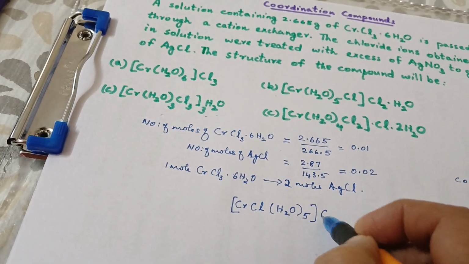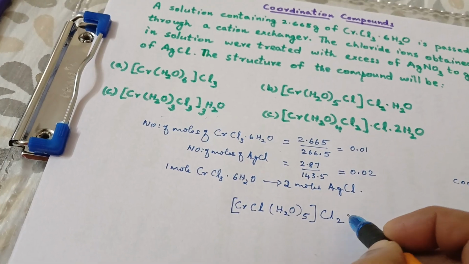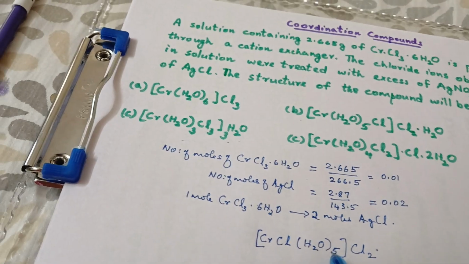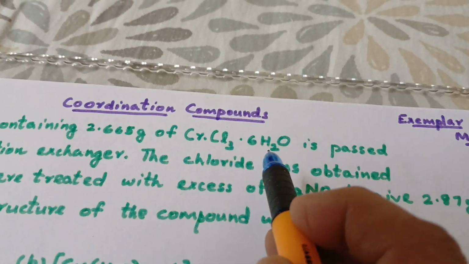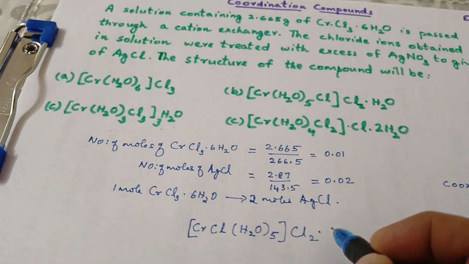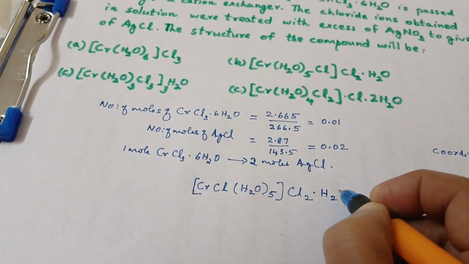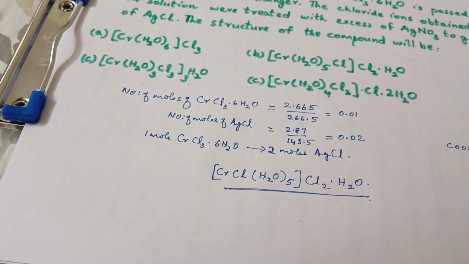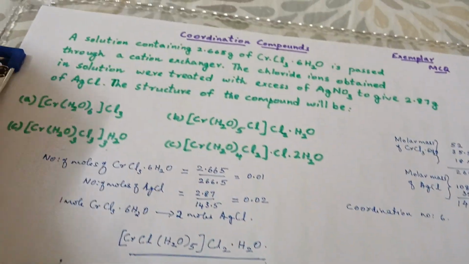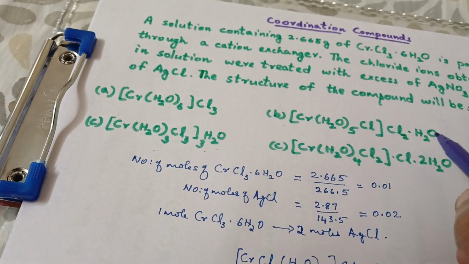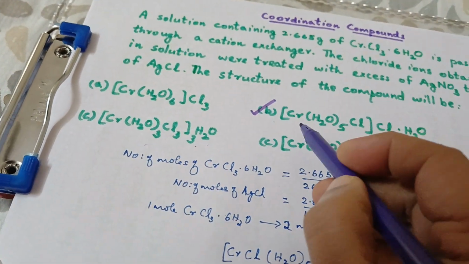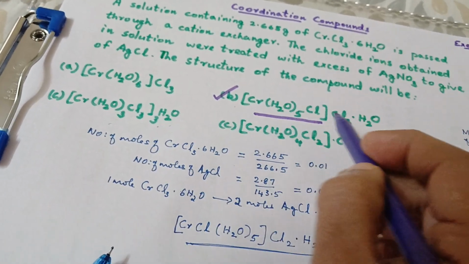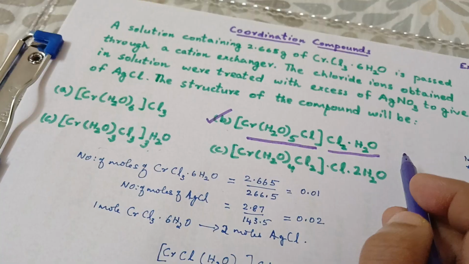And then 2 chloride ions outside, and now here is only 5 water molecules, but in the question it is given 6 H2O. So we can put 1 H2O outside. So the structure of the compound can be this. That is option B. Cr(H2O)5Cl inside the coordination sphere, and Cl2.H2O outside.